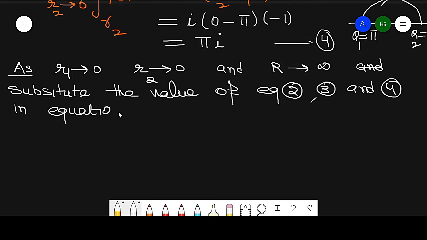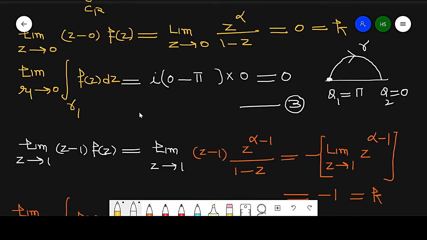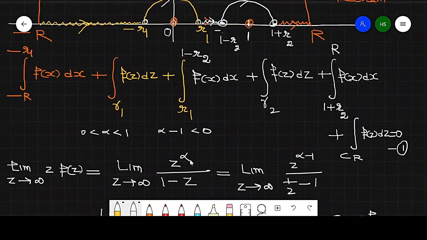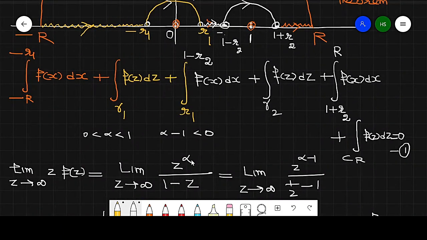So what will it become? The integration around gamma 2 is pi iota, and the integration around the other term is equal to 0. So when we substitute all these values, come to equation number 1. So this is equation number 1.